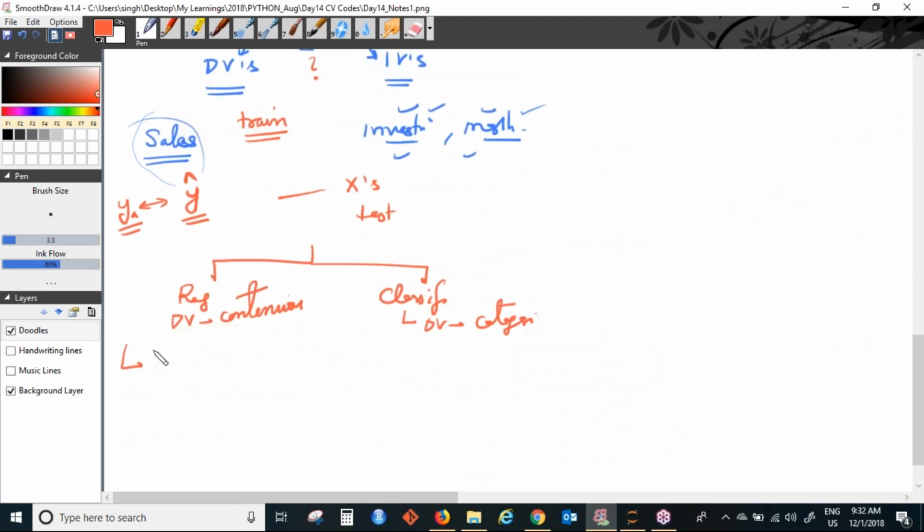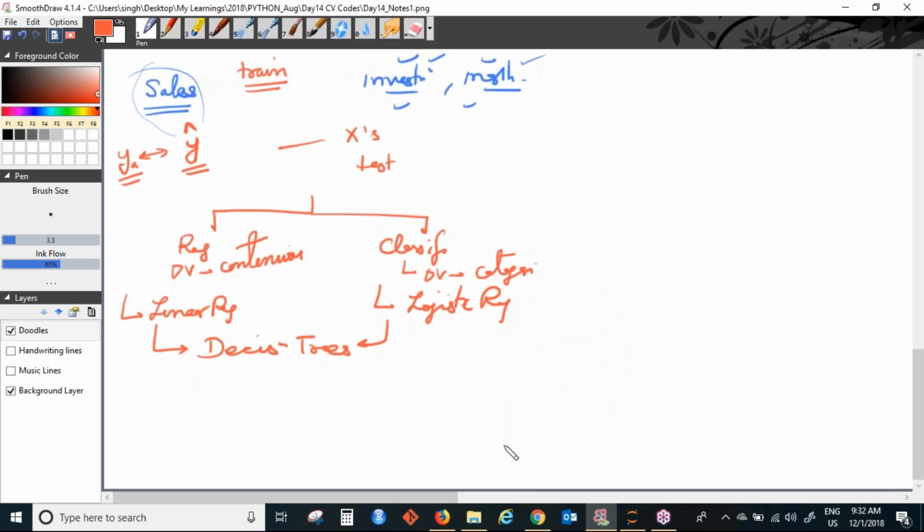Under regression we have seen linear regression, and under classification we have seen logistic regression, and we have seen decision trees, which can be used for both regression and classification.